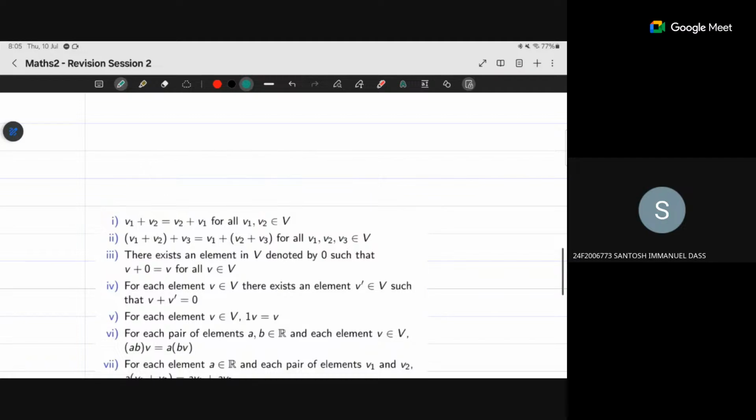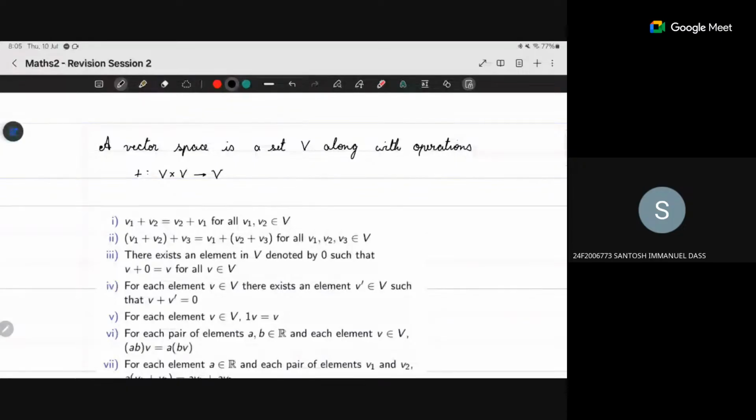A vector space is just a set V along with operations plus, which is from V cross V to V. What does an operation from V cross V to V mean?